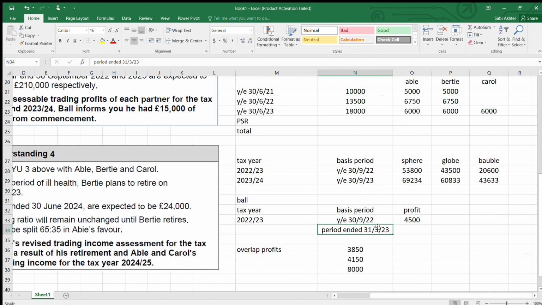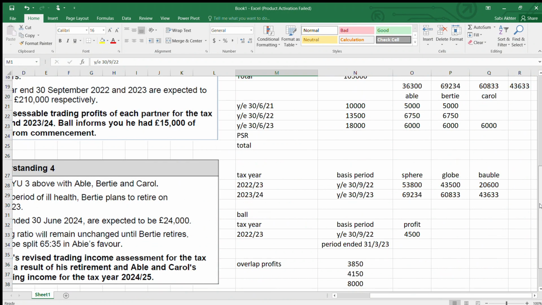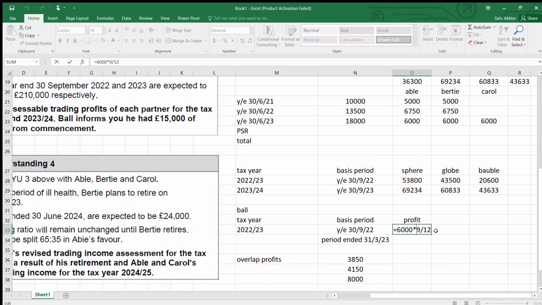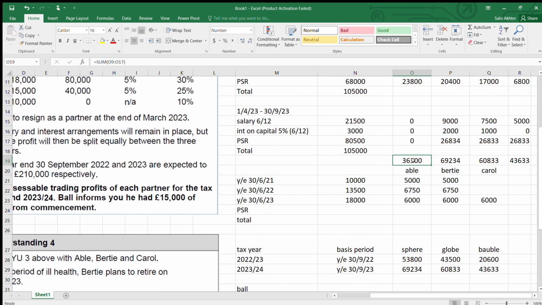To know all this, you need to know the closing year basis, opening year basis, and ongoing year basis. All this I've covered in my previous lecture. Here, you need to go and check the profit. 62,100. This is for this year end. So it will be 62,100. Then here, 36,300.